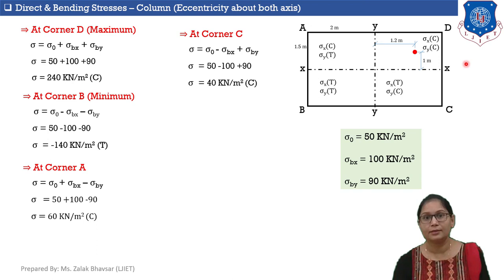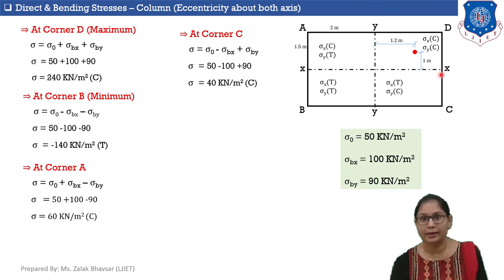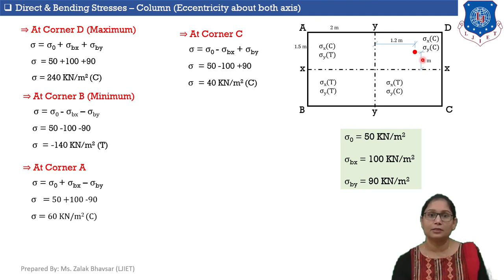Now let's calculate total stresses at corner C. Here is the equation. Sigma is equal to sigma 0 minus sigma Bx plus sigma By. Again, for sigma Bx and sigma By, we need to push this point. By pushing this point, in the fourth quadrant the x-axis will get stretched, meaning in the x direction of the fourth quadrant, due to this eccentric load, tensile stresses will be generated.